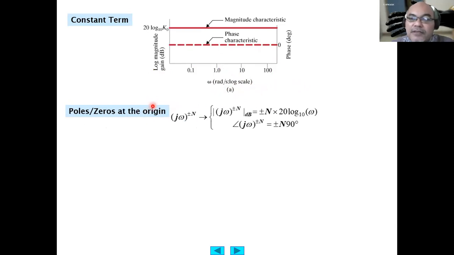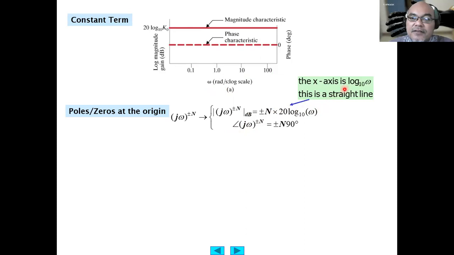Then for a pole or zero at the origin, (jω) to the plus or minus n, the magnitude in decibels equals plus or minus n times 20 log ω. The phase is plus or minus n multiplied by 90 degrees, because every factor of jω increases the phase by 90 degrees.